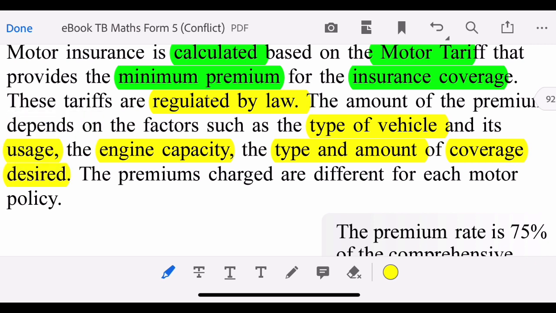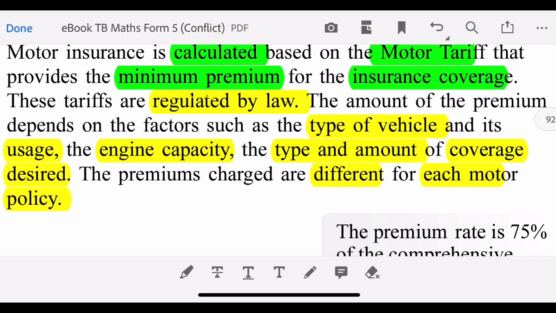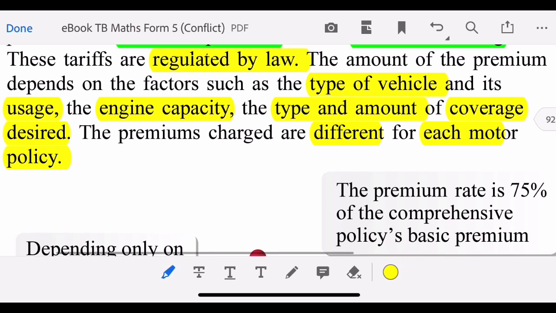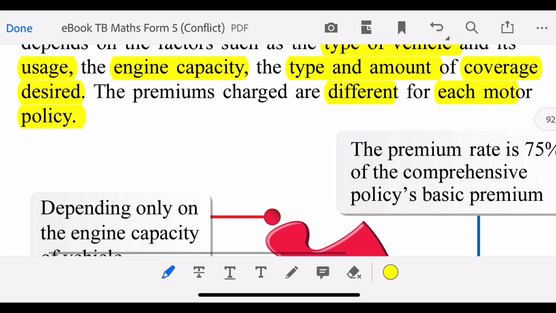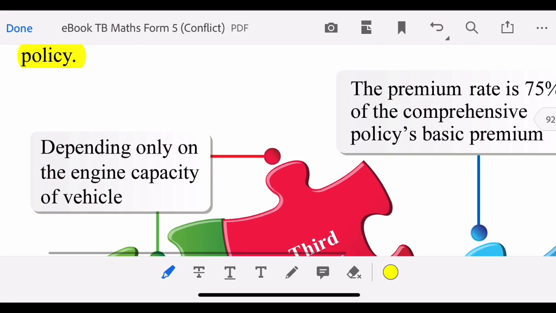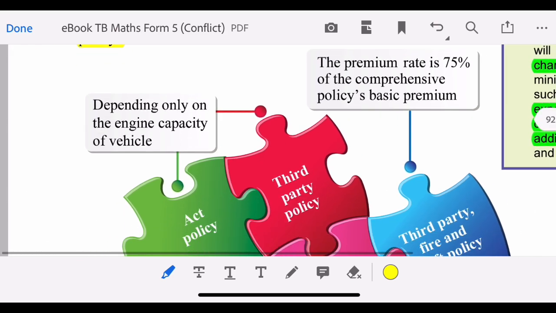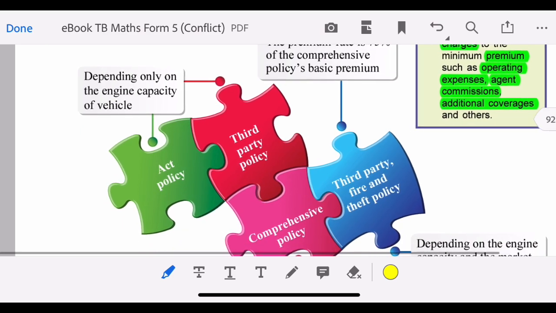So the premiums charged are different for each motor policy because of too many factors, such as type of vehicle, usage, engine capacity, and amount of coverage. So let's see the summary.